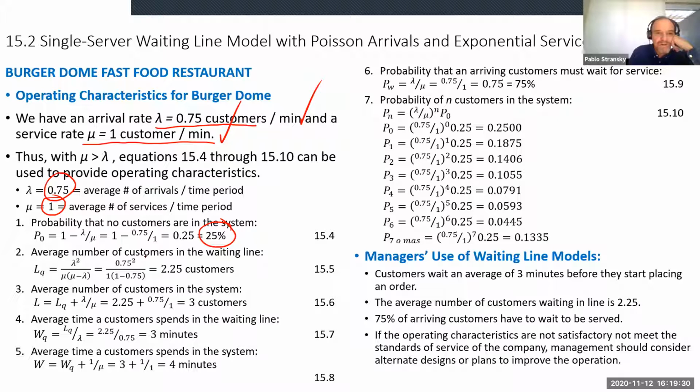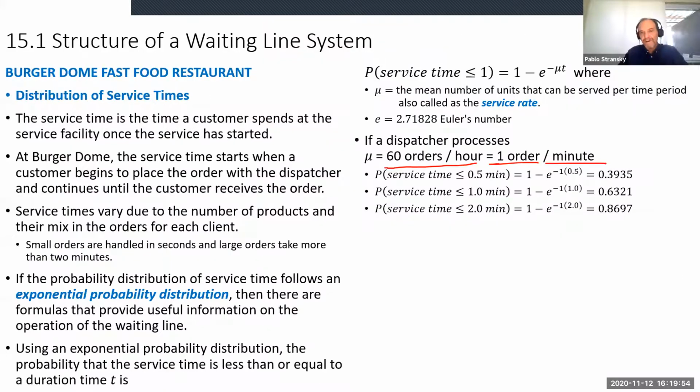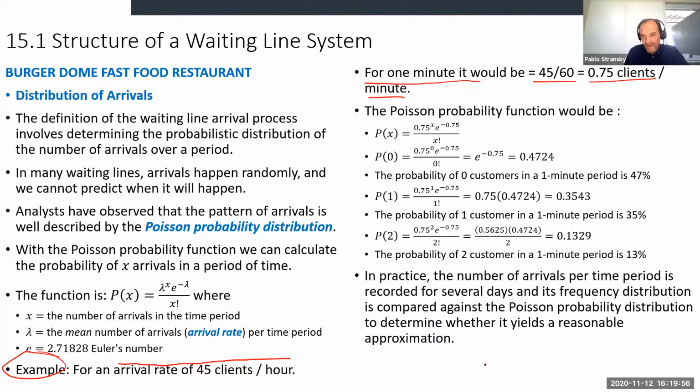The average number of customers in the waiting line, that's LQ, is given by lambda squared divided by mu times mu minus lambda, and it's 2.25 customers. That means the average number of customers in my line for this case is going to be 2.25.